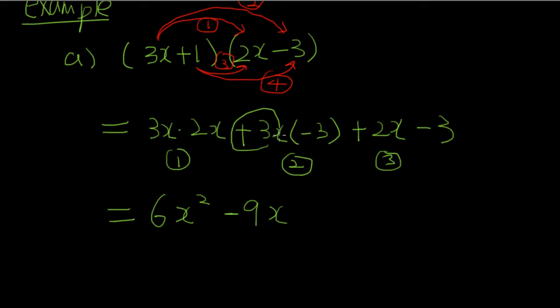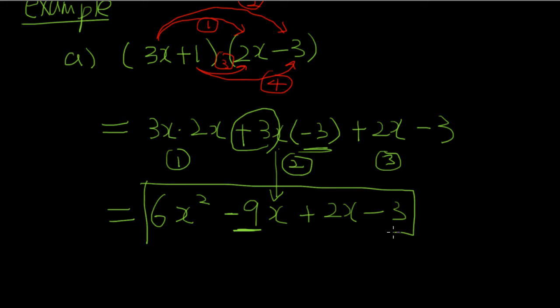So positive 3 times negative 3 becomes negative 9. And we have this x right there, so it's going to be there. And that didn't really change. 3. Just like that. Okay? So that's how you multiply these two polynomials.